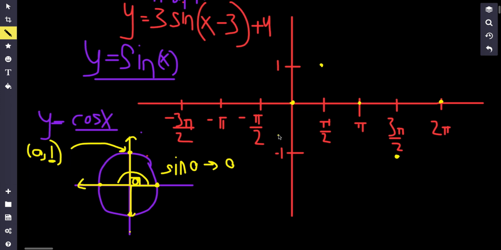Even if I don't know what the rest of the graph looks like, just by looking at these couple of points, I can say, okay, the next point at negative pi over 2 has to go to the bottom, right? Because it just went to the top, and now it's going down. Then once it reaches the bottom, it has to go back up. So it's going to go to the middle, then it's going to go back up.